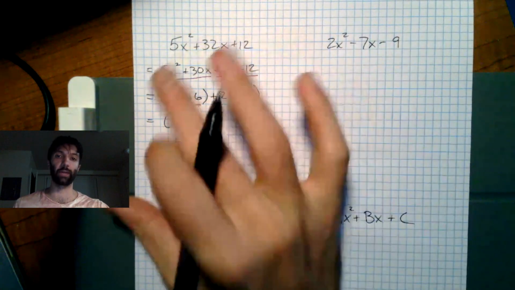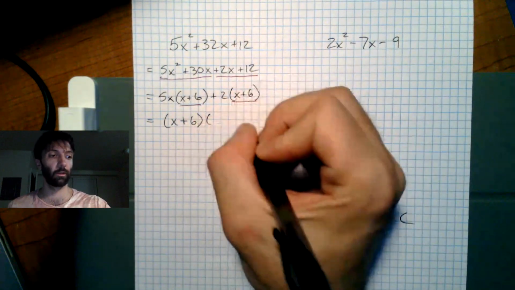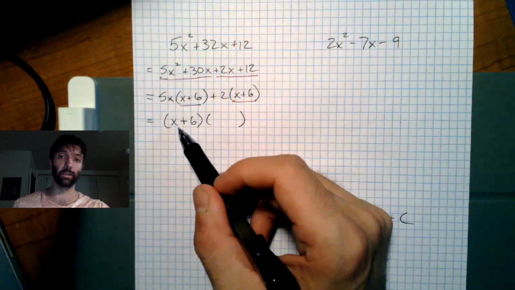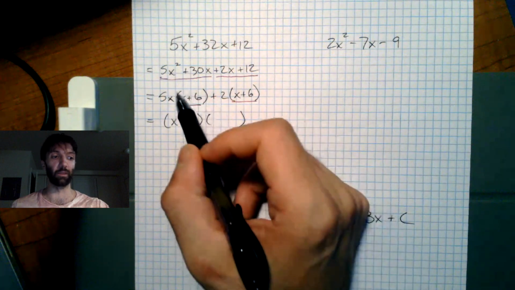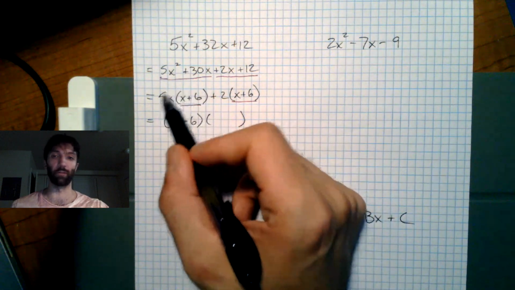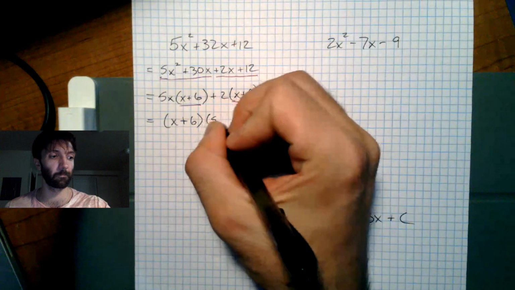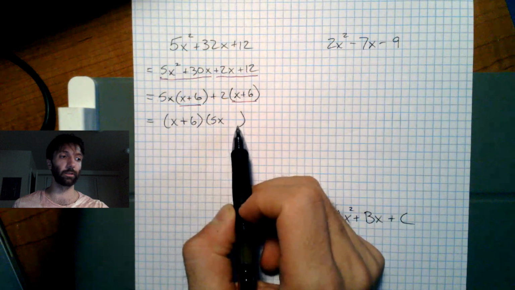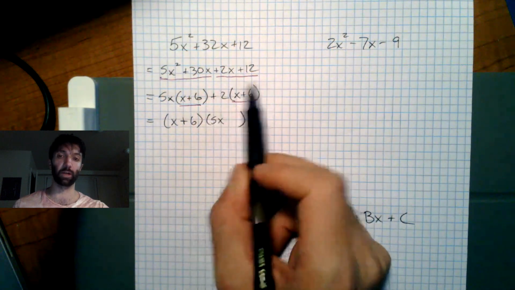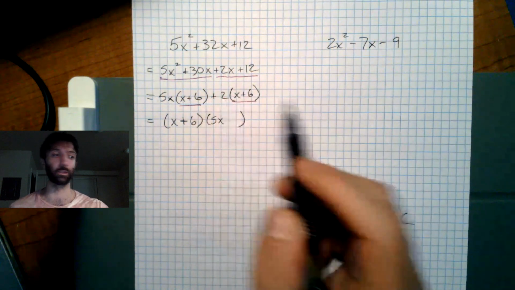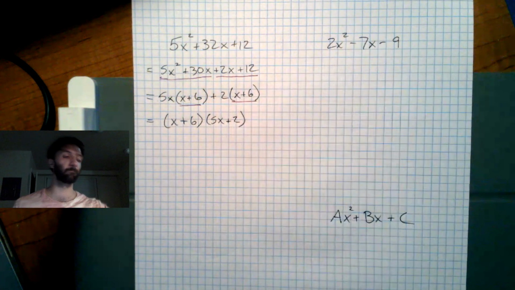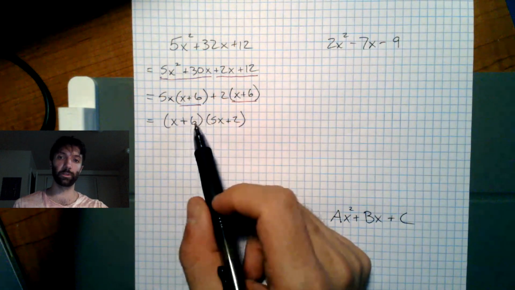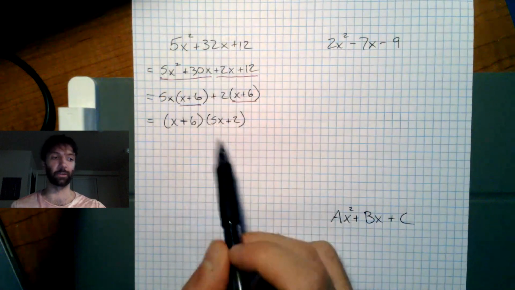Now we do this distributive property backwards. X plus 6, the quantity, times what will give me this? Whatever's left, that's the 5x. And then x plus 6 times what gives me this product? Whatever's left, that's the 2. So we have plus 2. And this is the product of binomials that this trinomial factors into.